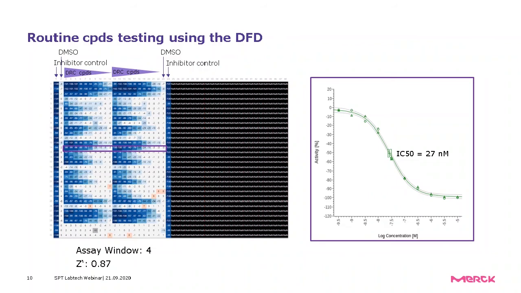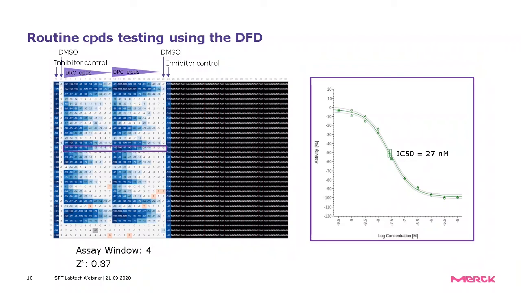What you can also appreciate is that the assay noise is really low here, and the calculated Z prime is roughly 0.9, which is super good. And we have our assay window of 4, which is in line with our quality criteria.